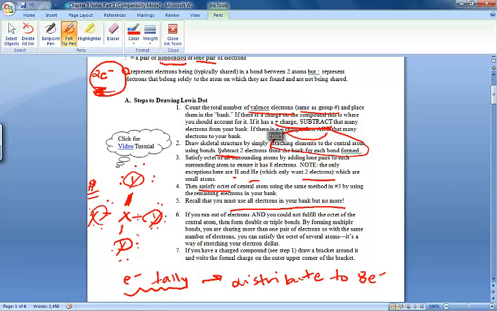You will have satisfied the octet of all elements with the number of electrons that you have, and there are times, however, you will actually not be able to do that because you will run out of electrons. And when you run out of electrons and you cannot fulfill the octet, this typically happens to the central atom because it basically gets looked at last.